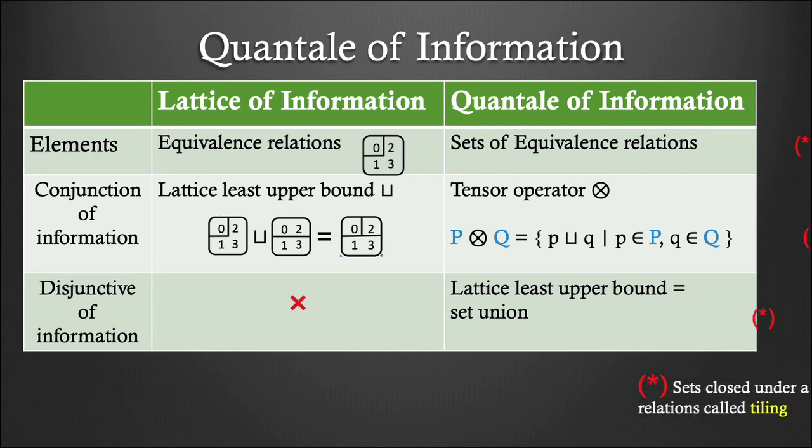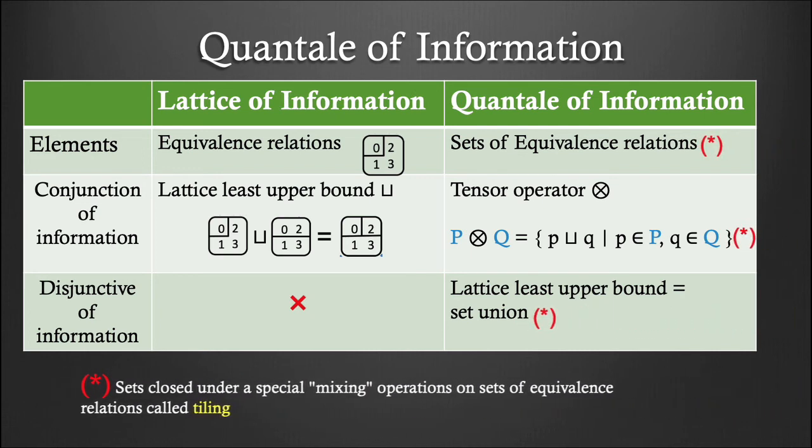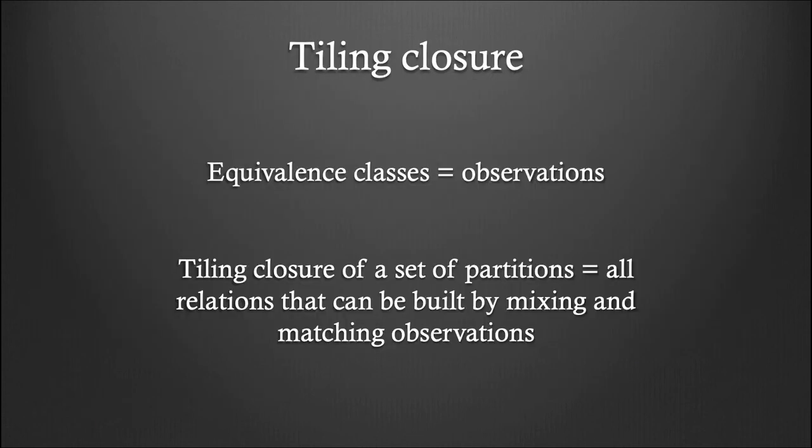The secret sauce here is that we need to use not just any old sets, but sets which are closed under a particular operation. This operation involves taking the members of these sets, the equivalence relations in these sets, and closing them under a special mixing operation which allows us to mix and match the various equivalence classes. This operation is called tiling, and I'll give an intuition of what tiling is.